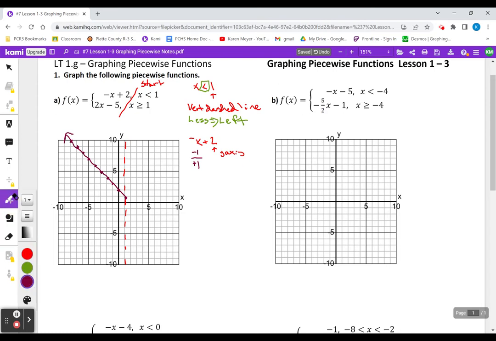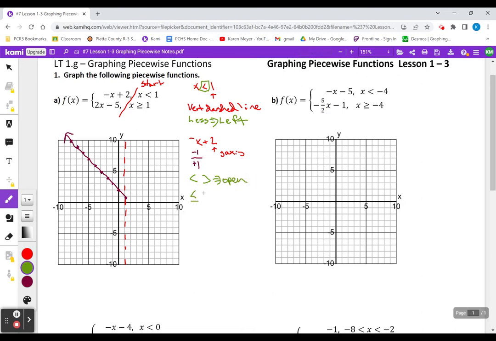Now, before we call row 1 done, the only other thing we need to know is right here where the dashed line and my other line intersect. Is it going to be an open circle or is it going to be a closed circle? Okay. And what you need to know is if it doesn't have the or equals to bar, so if it's just less or greater, then that's an open circle.